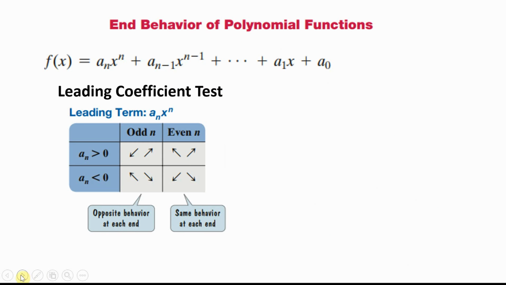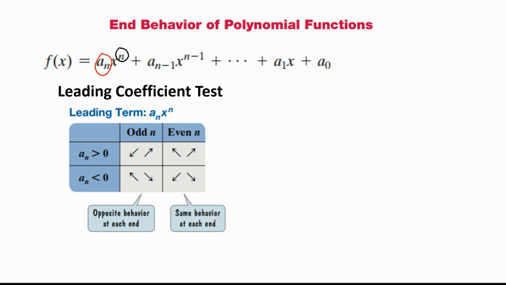So, talk about the end behavior of a polynomial function. Two things we want to look at. That is, one, we want to be able to know what is n, what's the degree of the polynomial, and then also what is the leading coefficient. We call this the leading coefficient test.